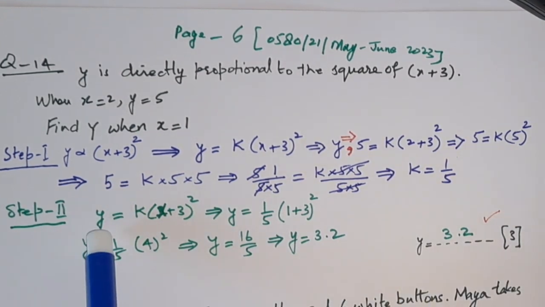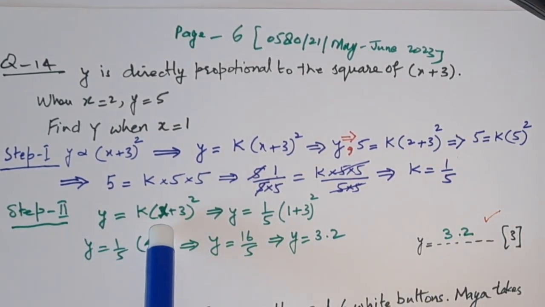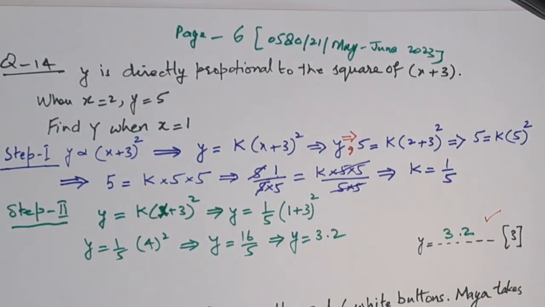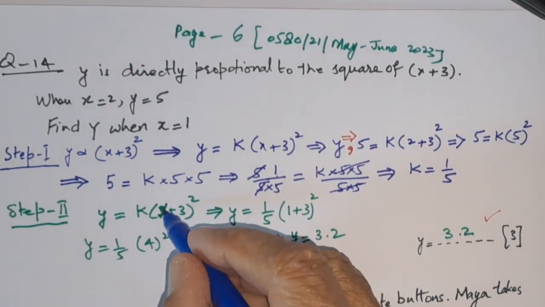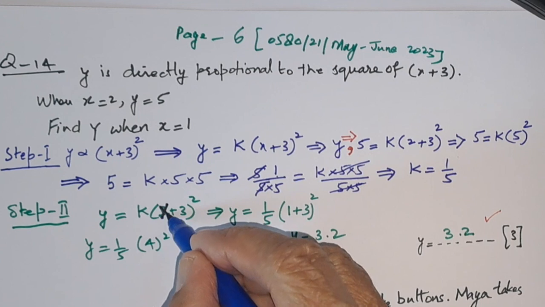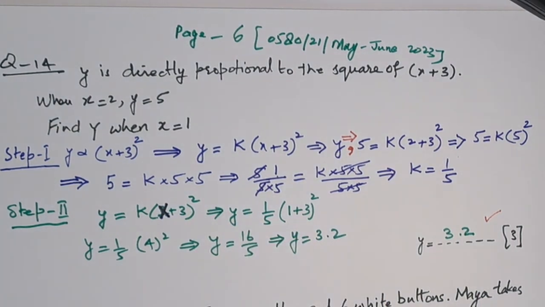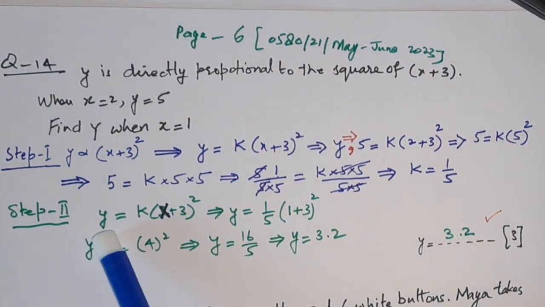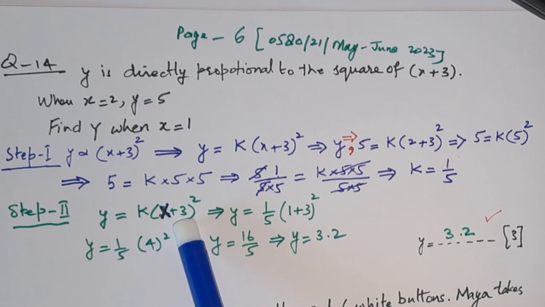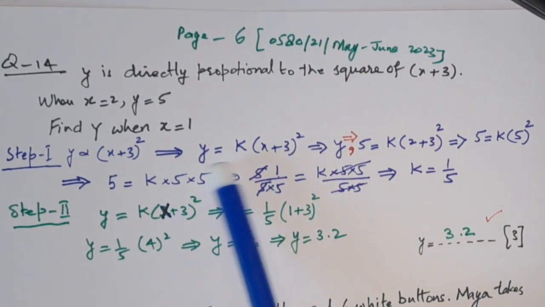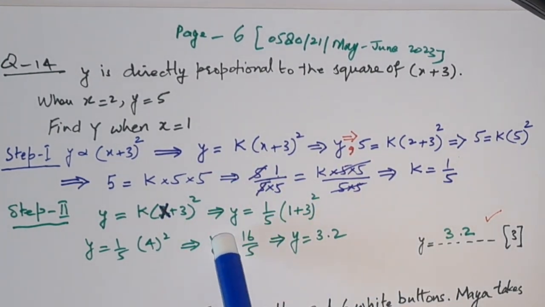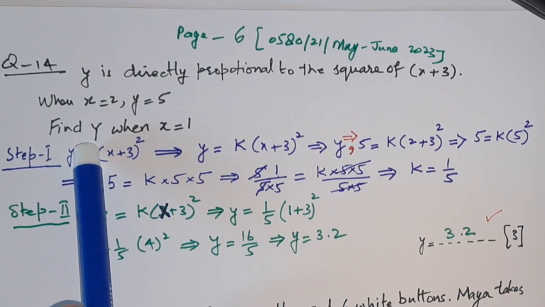Step 2 is write down the equation again. This is x. So we write down y is equal to k bracket x plus 3 whole square from here, and then put in the value. We have to find y.